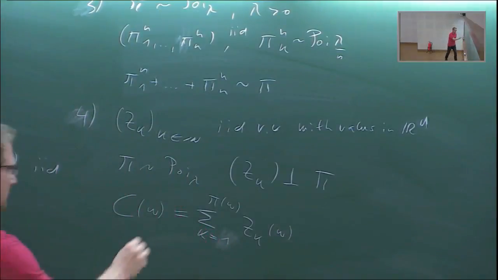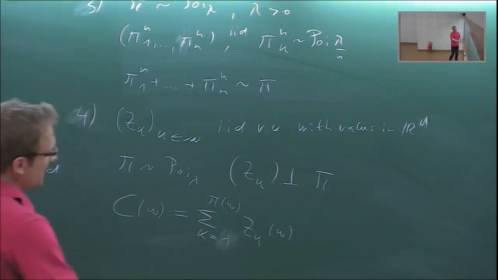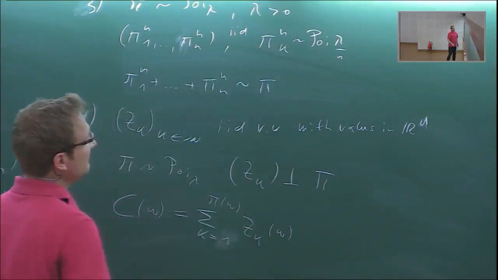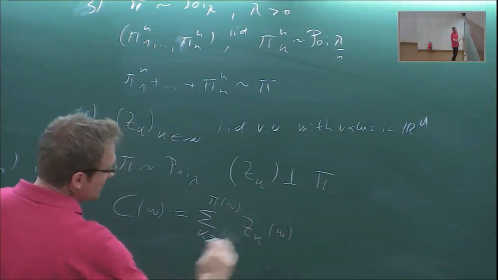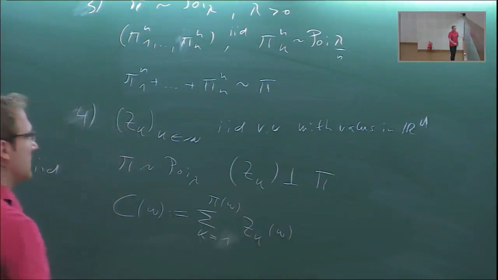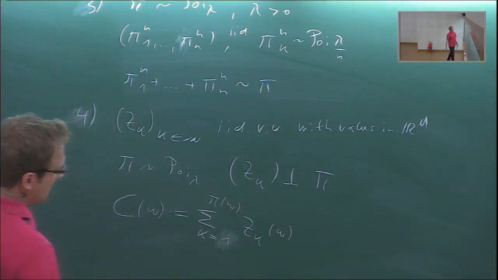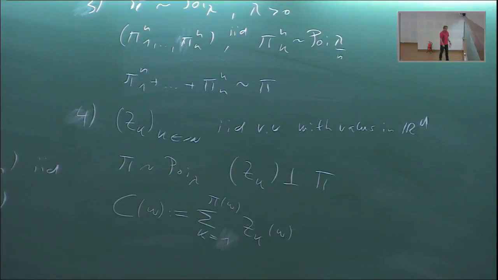So this was a compound Poisson random variable. This means that instead of adding up ones as with a Poisson distribution, we now add up independent copies of a given random variable with fixed distribution. What we did was the calculus of the characteristic function.